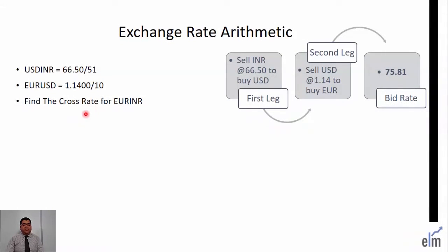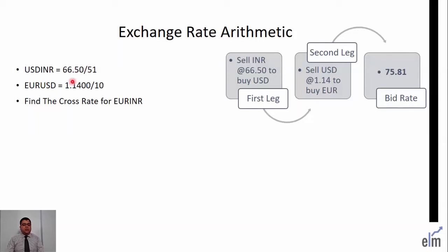To understand the bid rate, we will first sell INR to buy USD. So we will sell INR at rupees 66.50 to buy USD, and thereafter we will sell that USD at 1.1400 to buy Euro.